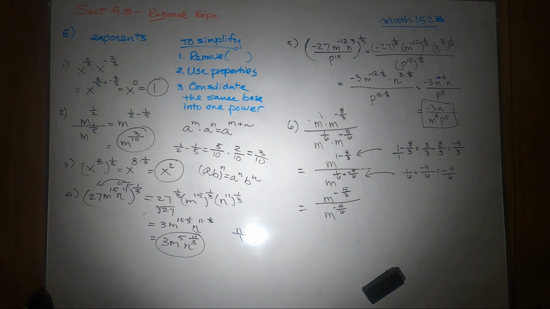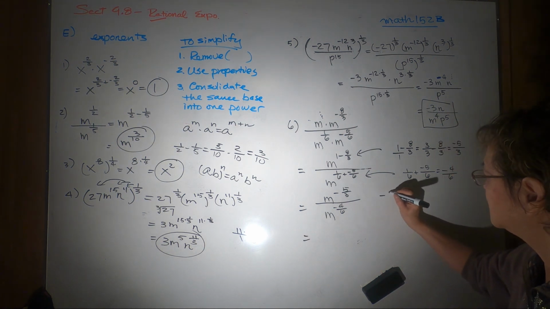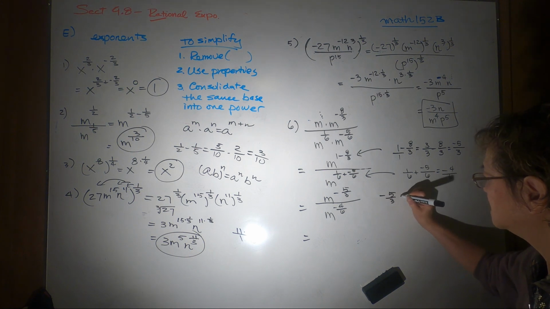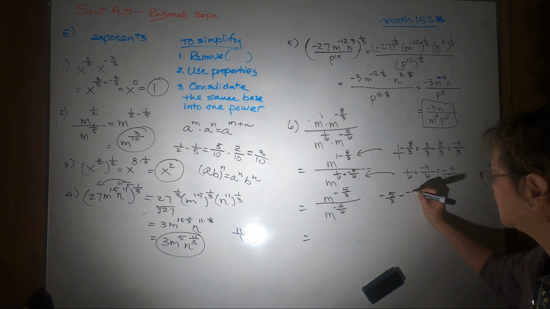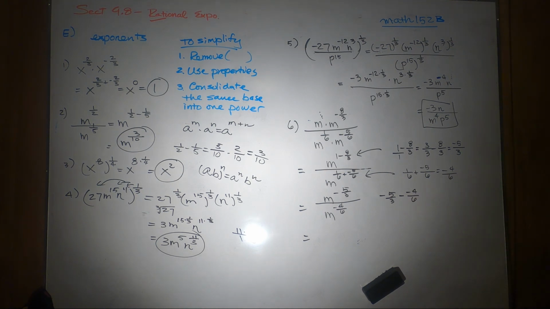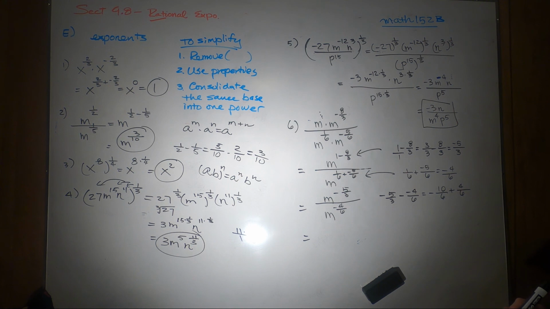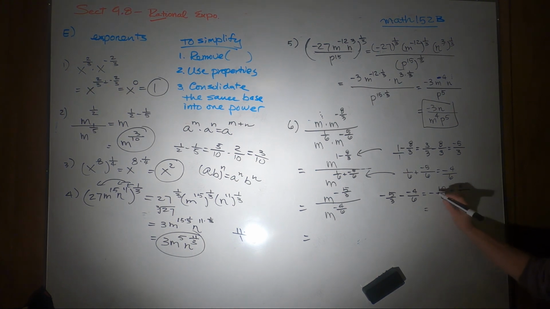Then it's the quotient property. So you will do what? Negative 5/3 minus negative 4/6. Be careful with your signs. That will be negative 10/6, negative becomes plus, plus 4/6. That would be negative 10 plus 4, negative 6 over 6.